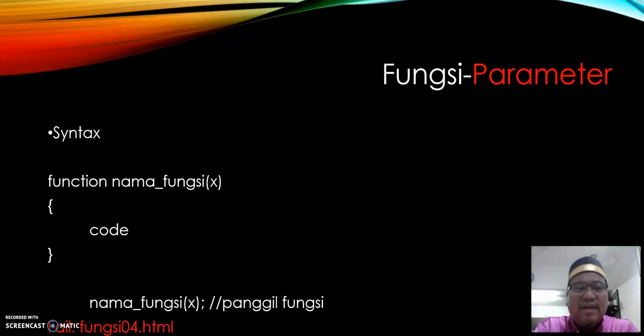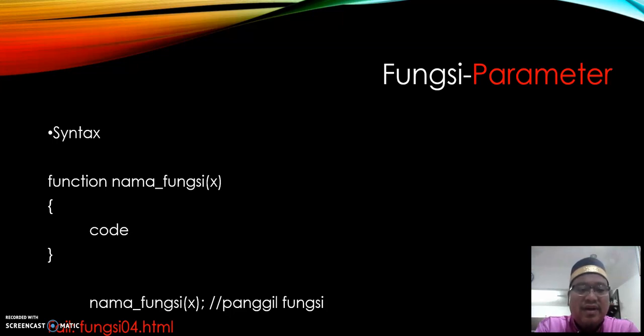The function is up to you. What is the purpose for which you build the function? Basically, we can divide functions into three types. One is the basic function, which has no parameter and does not return a value.